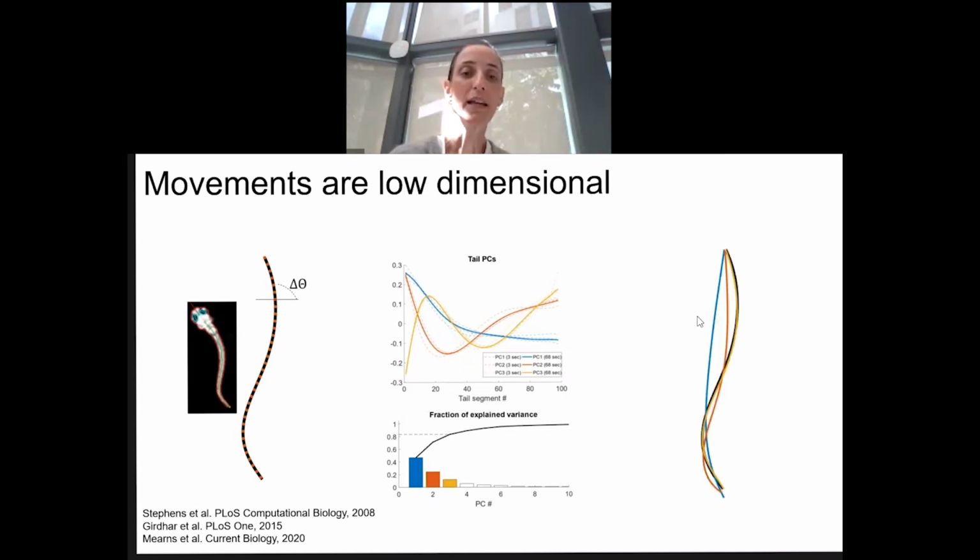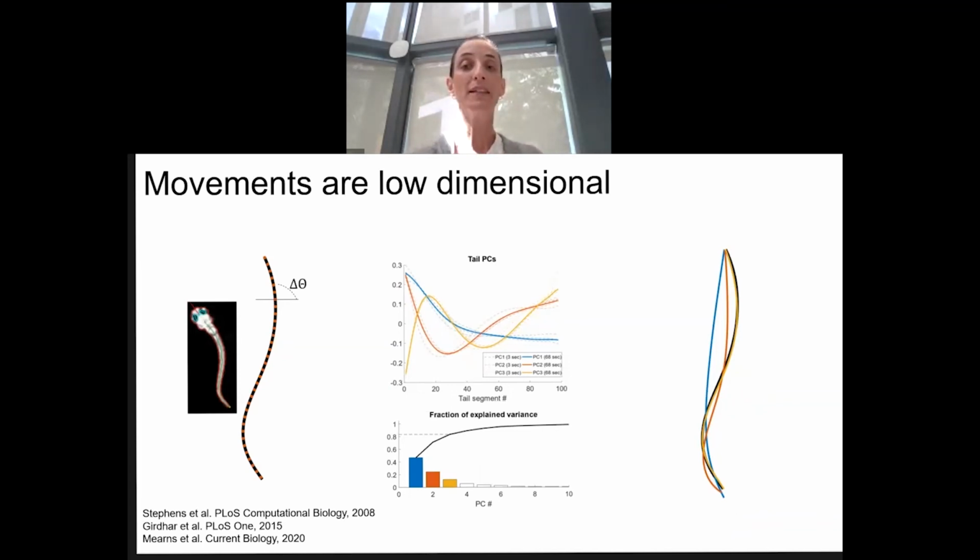Basically, this is one posture, the black posture. You can see it here. And this posture is then reconstructed using the first PC, the first and second in the orange, and the three PCs in the yellow. You can see that we are reconstructing it quite well.